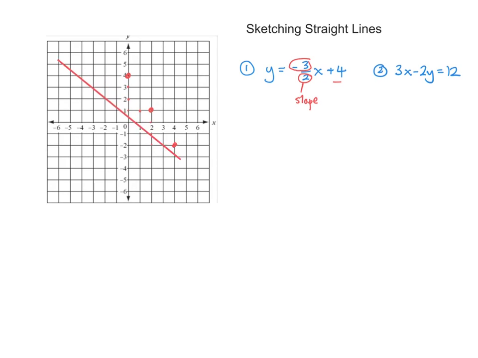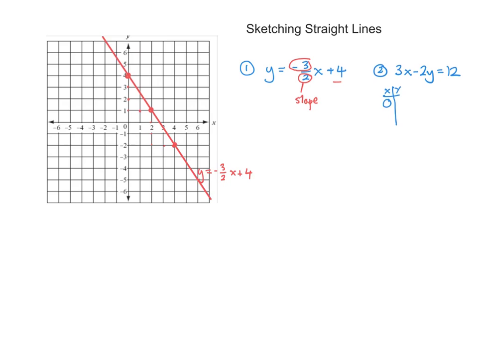And we just need to get that line so that it goes through all 3. I'm getting better at this, it's not bad at all. Perfect, let's just write on the line y equals negative 3 over 2 x plus 4. And then for the other line, I'm going to do a little t-chart.